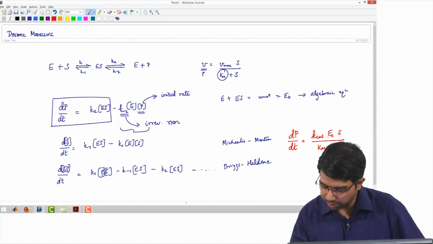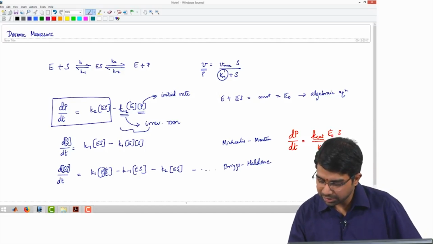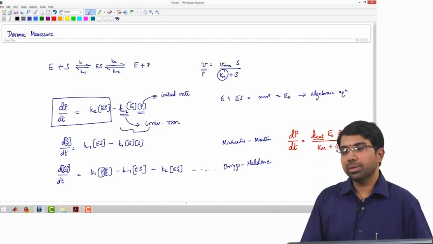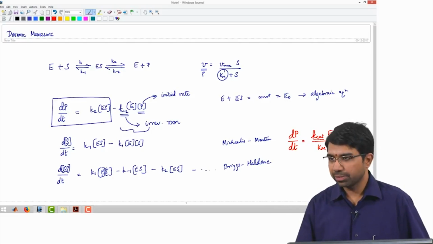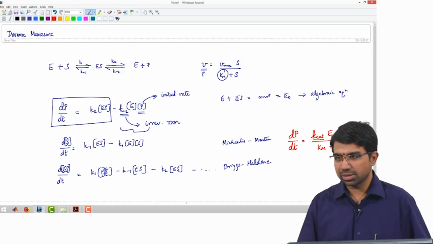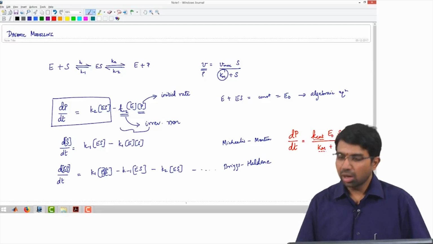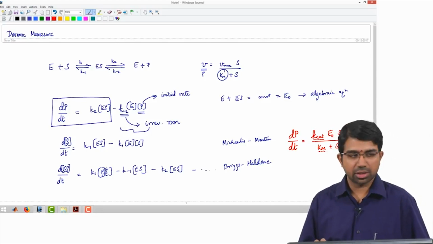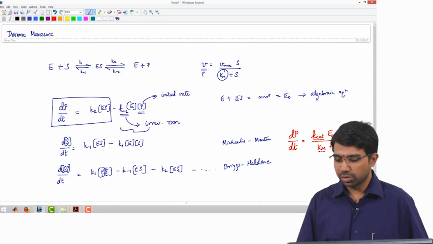K cat is the turnover number, right. So, your V max is actually K cat into E naught. So, what are the parameters here? K cat and Km. E naught is like an initial condition more or less, the concentration of enzyme, but K cat and Km are your parameters. Obviously, units of Km are concentration, substrate, and K cat will have its own units.